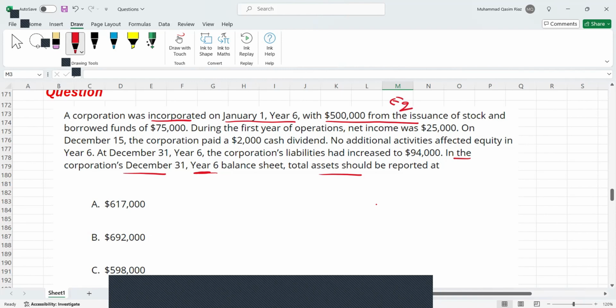And borrowed funds of 75,000 during the first year of operation. Actually it is the amount of liability at the beginning of year. Net income was 25,000.